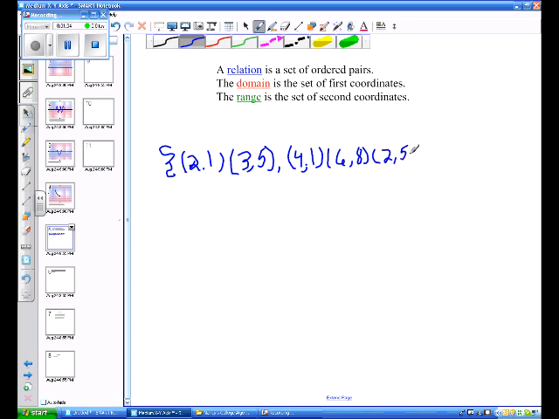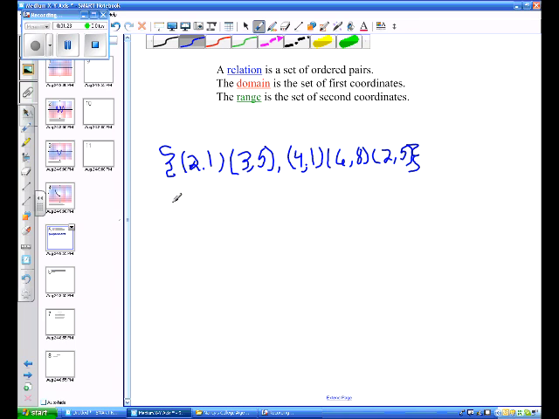And this would be a relation. It's a set of ordered pairs. There's not any particular number of pairs that you have to have in your relation. It can be anything from 1 to infinite, but it's a set of ordered pairs.